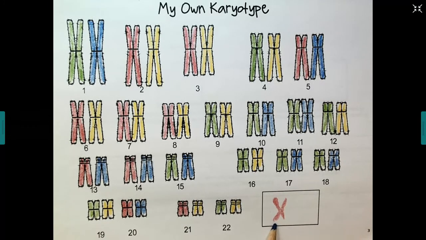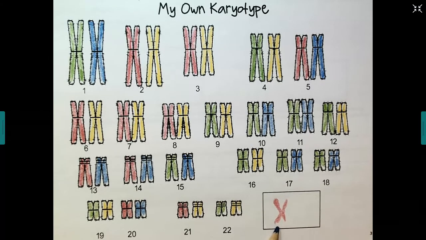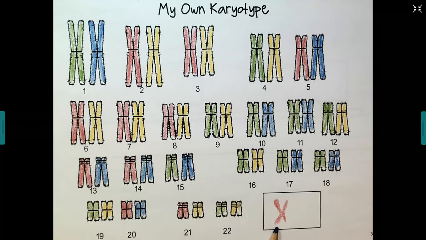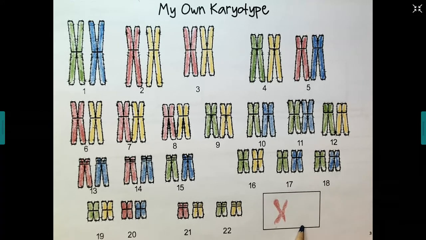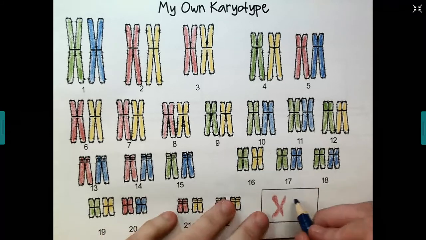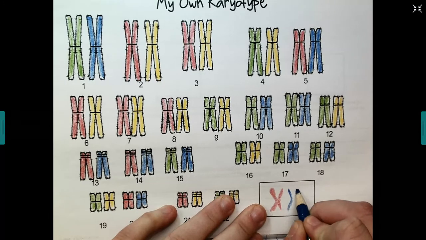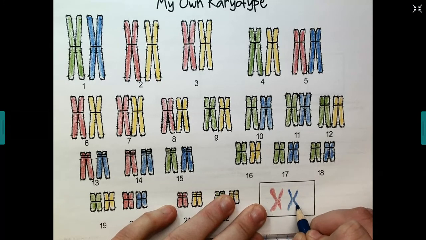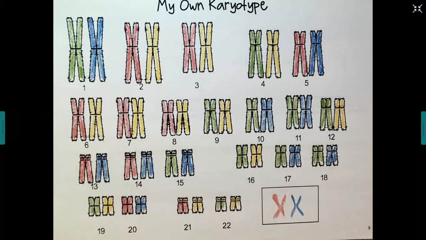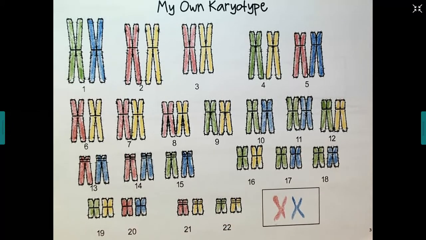I'm biologically female, so my dad had to give me an X. Whereas if you are biologically male, your dad gave you a Y. But I did have to flip a coin for the other X chromosome that I got from mom. And for that one, I did get the blue version. So I'm just going to color that in right there like that.